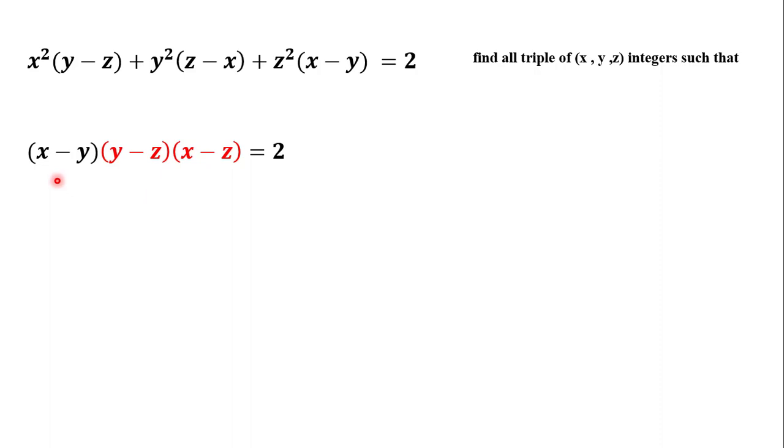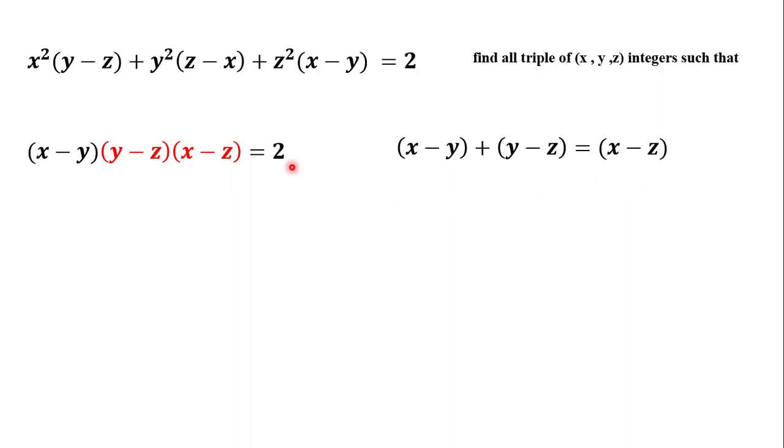Also, we can say x minus y plus y minus z equals x minus z, because minus y and plus y cancel out. Now we need to look for three numbers such that the multiplication of these three numbers is 2, and the sum of the first and the second terms is the third term.